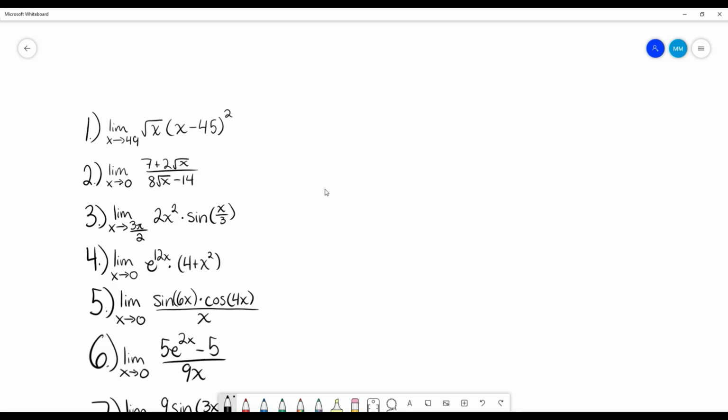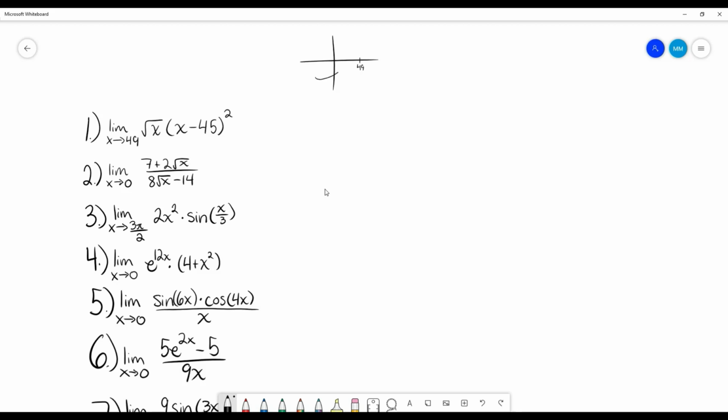So for number 1, we've got this limit of this function here as x approaches 49. And once again, if we have lost that clear picture of what a limit is, let's say x equals 49 about here.